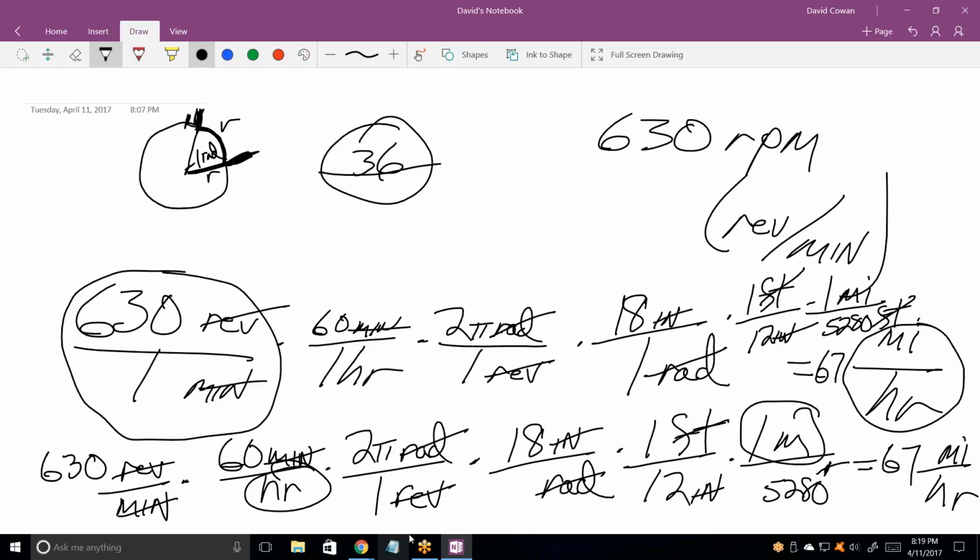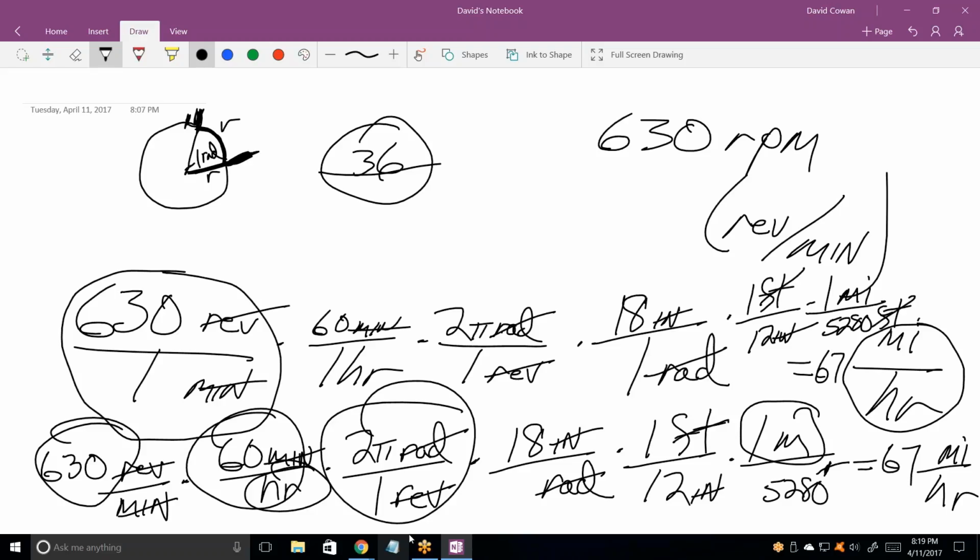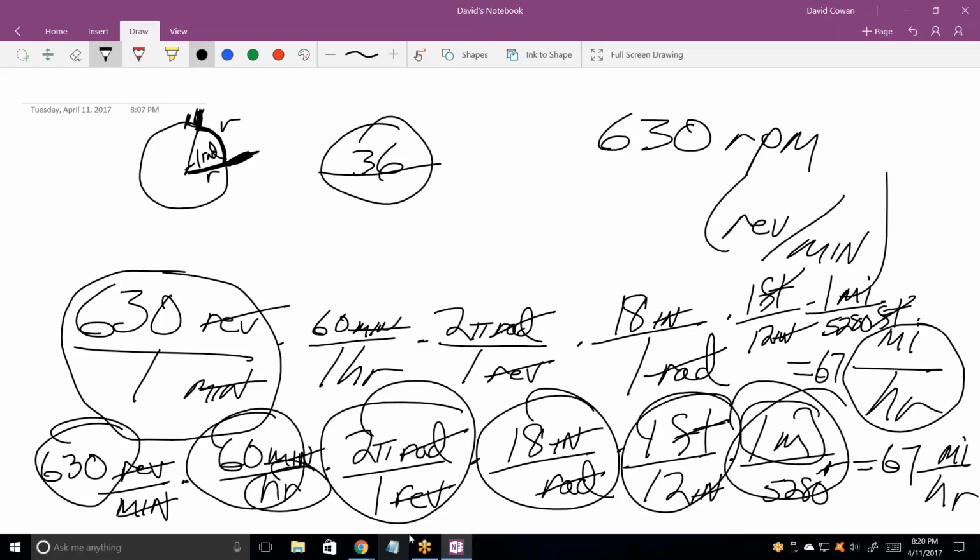Okay, but notice that in my problem, everything was defined, that we knew. We were trying to solve for the final speed. Well, if they give you the final speed, then you could solve for any of these other variables, right?